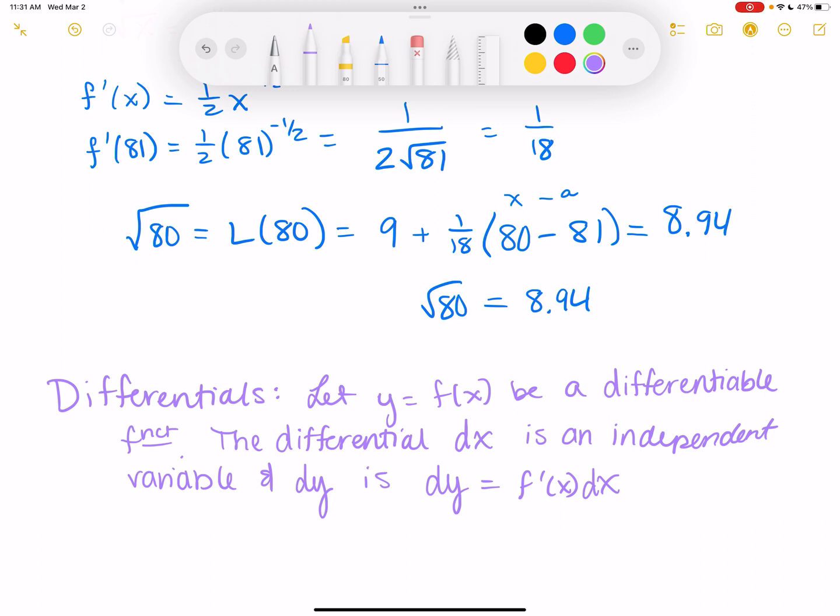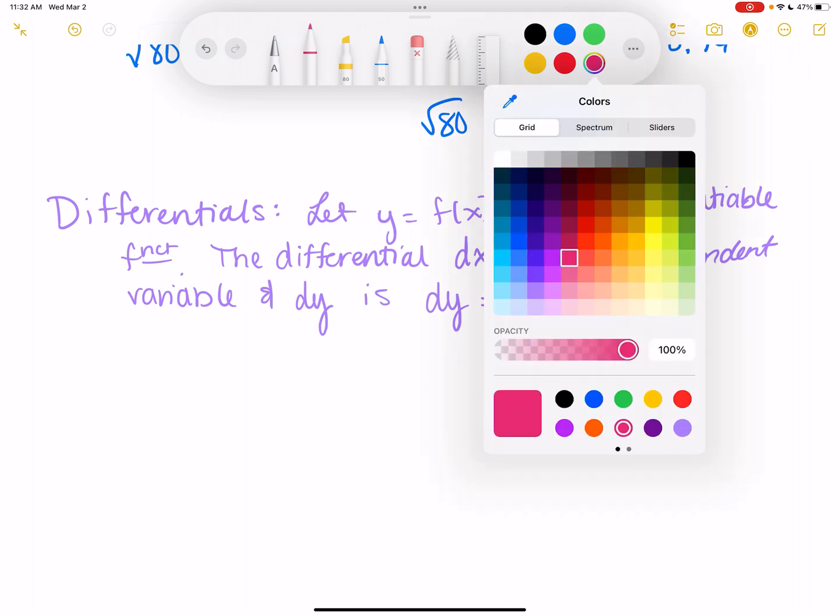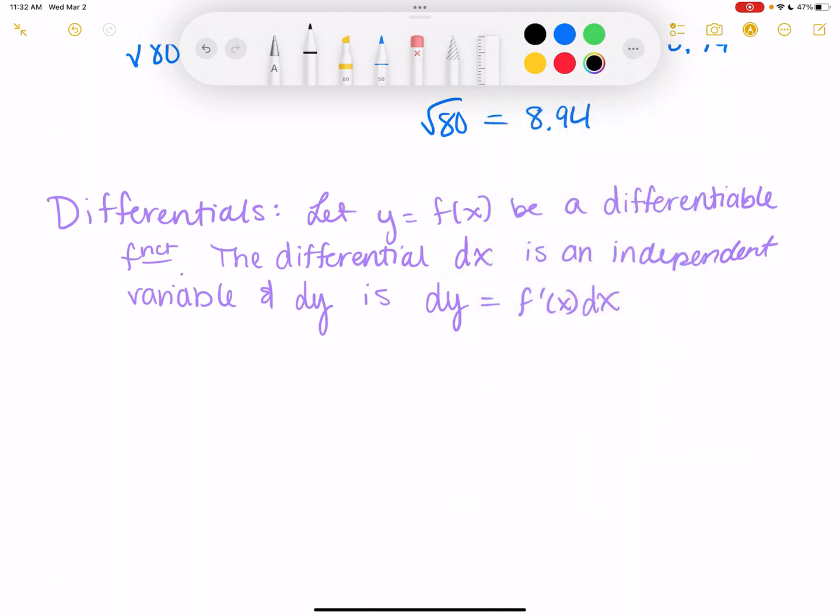So the question's in two parts. Find dy, so take the derivative, and then evaluate dy for the given value of x and dx. Okay. So number 16 is y is equal to 2x over 1 plus x squared. x is equal to negative 2. dx is equal to 0.1.